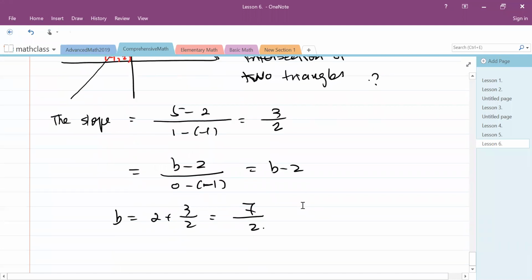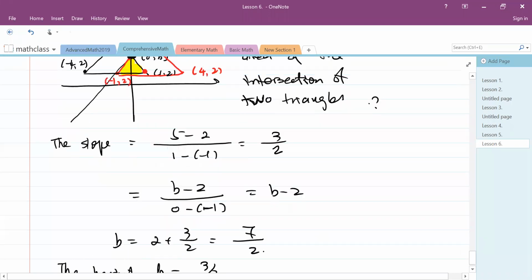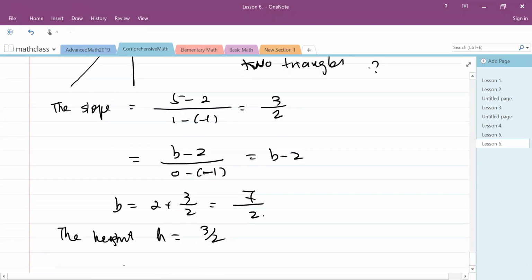So the height h is 3/2. Okay. The base, the length is going to be 2. So the area is going to be half of the base times the height, which is 3/2.